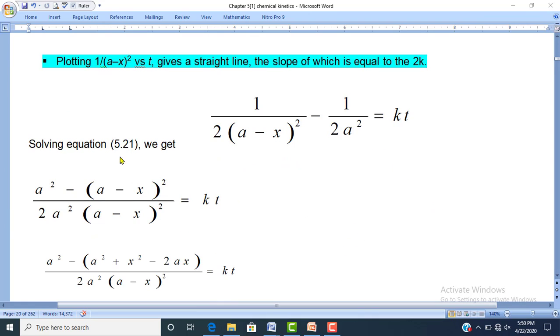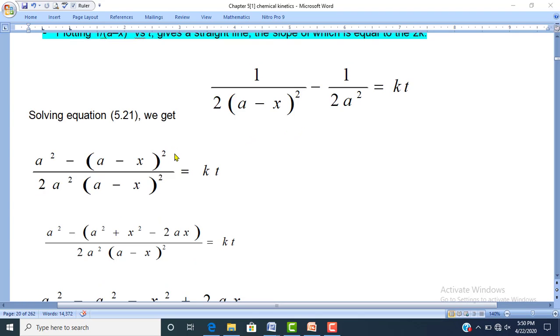So if we further solve the equation 5.21, we will take the LCM of these denominators. The LCM is equal to 2a square into (a minus x) raised to power 2, and in the numerator it will be a square minus (a minus x) square is equal to kt.